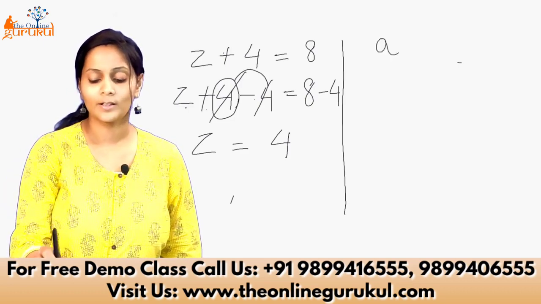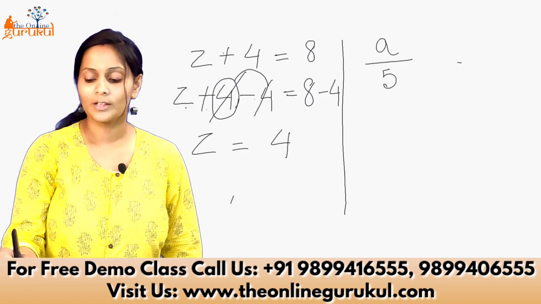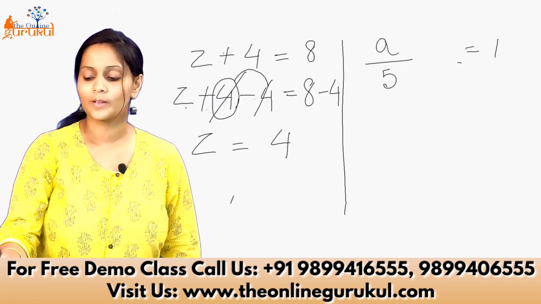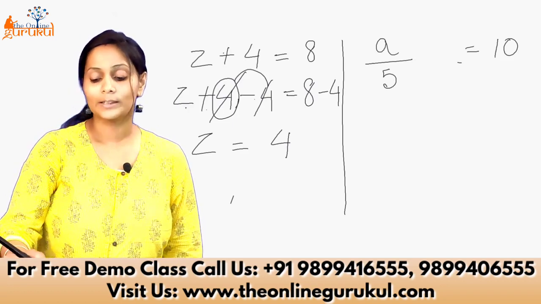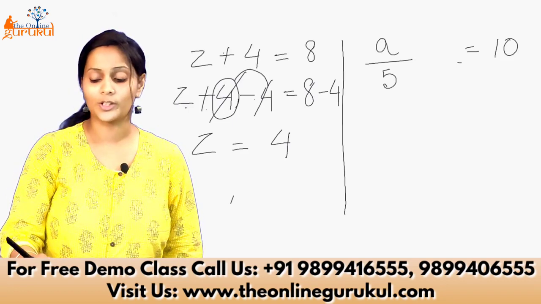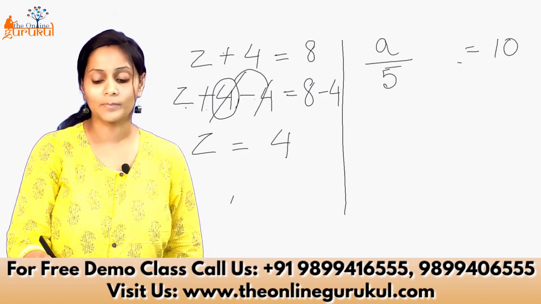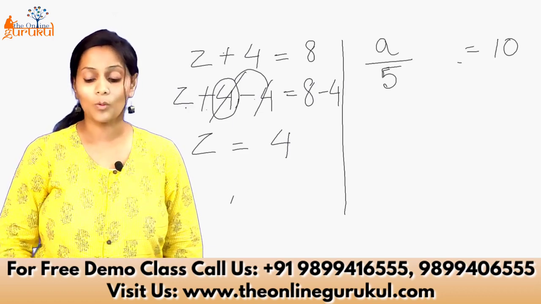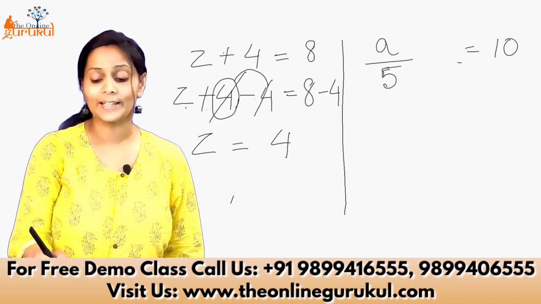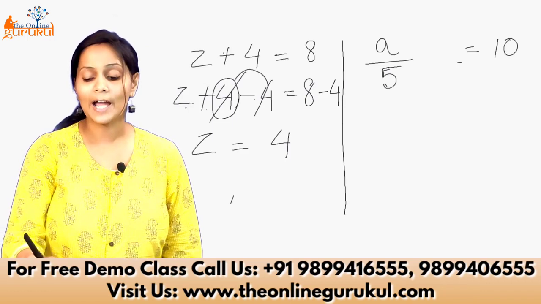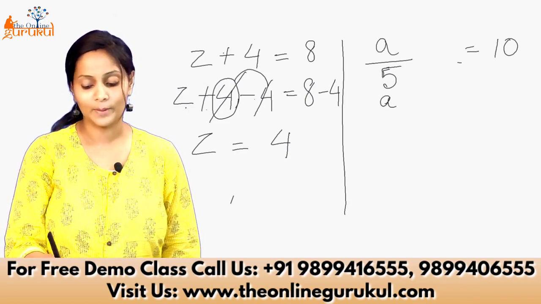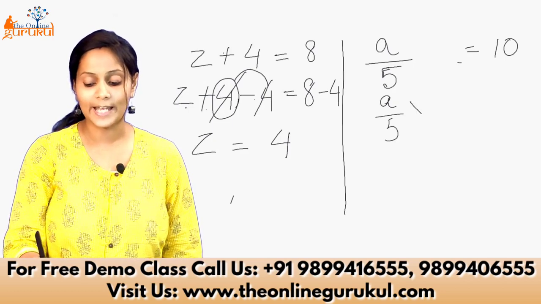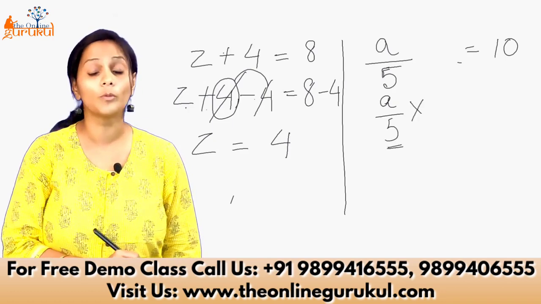Let's do one more question. We have a divided by 5 is equals to 10. Now how to get the value for a? I know that in this particular equation, I have the 5 as my denominator. Now to remove this 5 and get the value of a, I have to do the inverse of my division, which is multiplication with the same number which I have to remove.